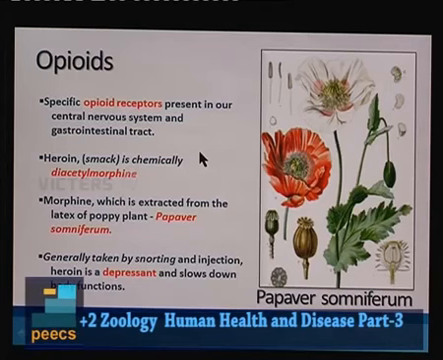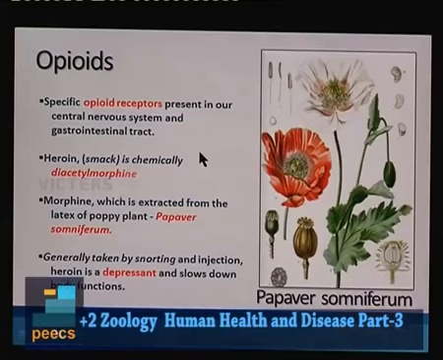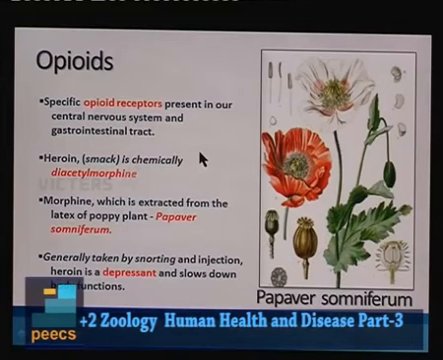So, all the opium derivatives are called opioids. Heroin is actually diacetyl morphine, obtained by acetylation of morphine. Heroin is also commonly known as smack. Morphine is extracted from the latex of the poppy plant.